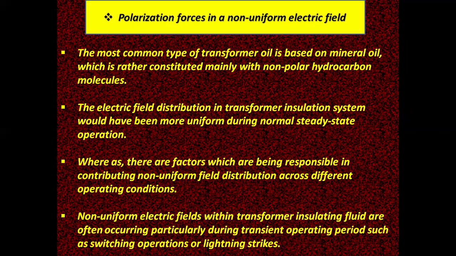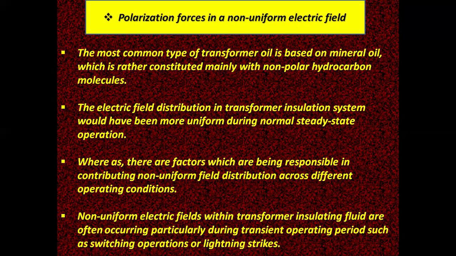The electric field distribution in the transformer insulation system would be more uniform during normal steady state operation, whereas there are factors responsible for contributing to non-uniform field distribution across different operating conditions.